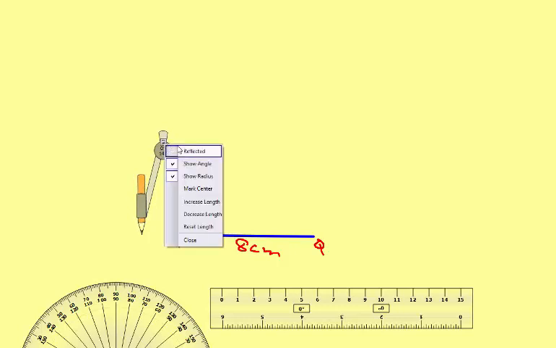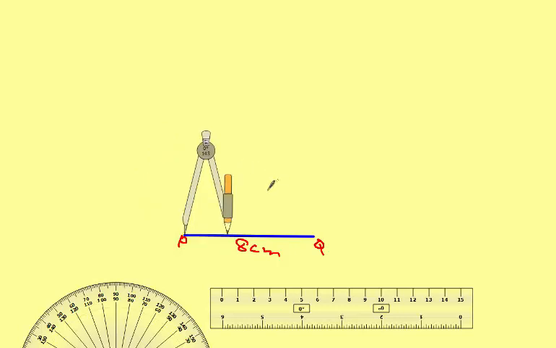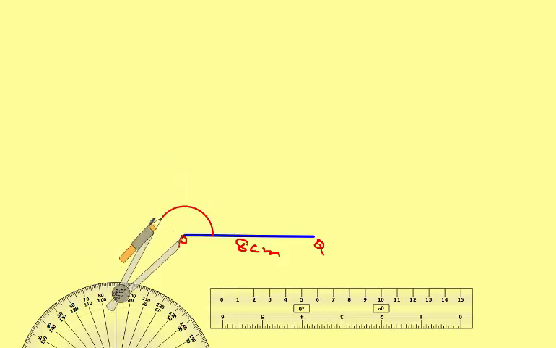So let's draw a semicircle as usual. Yes, you have a semicircle.